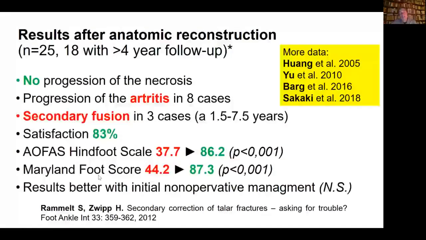And the results were slightly better in patients who had non-operative management initially, which appears logical because if you do surgery, you have the worst of both worlds if you don't manage anatomic reconstruction. So you have the risks of surgery, the soft tissue damage, and in addition, you have the malunion in those patients.